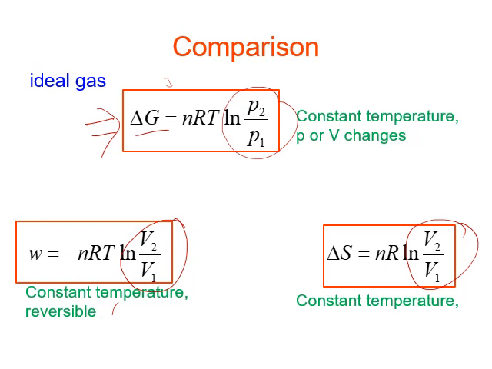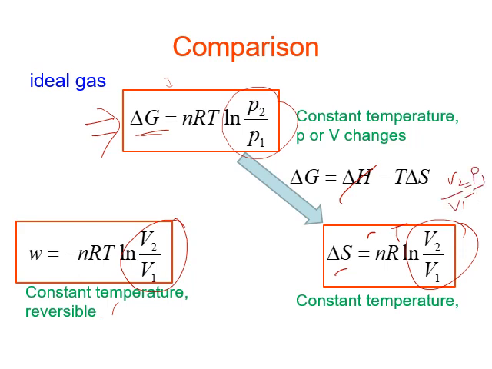Gibbs energy and entropy are related by delta G equals delta H minus T delta S. If temperature is constant, delta H is 0, so delta G equals negative T delta S. This needs to be multiplied by negative nRT. Boyle's law says V2 over V1 equals P1 over P2. If you change the negative sign to positive, then ln P1 over P2 becomes ln P2 over P1.